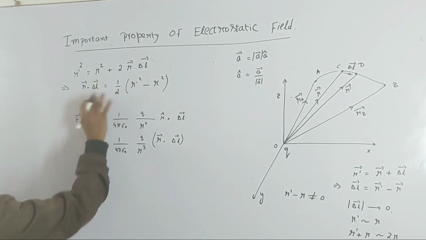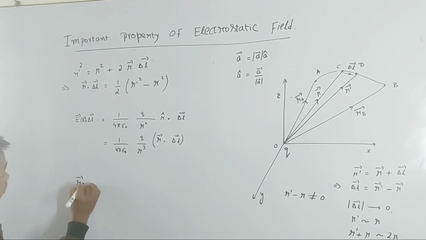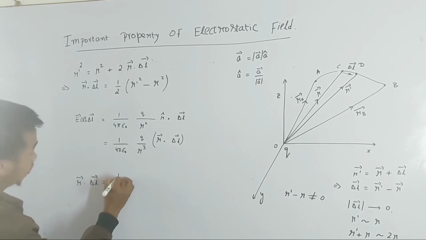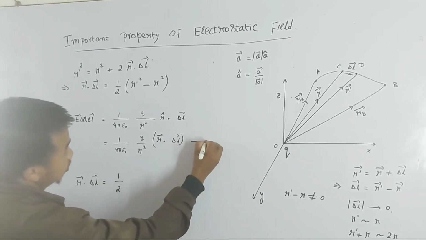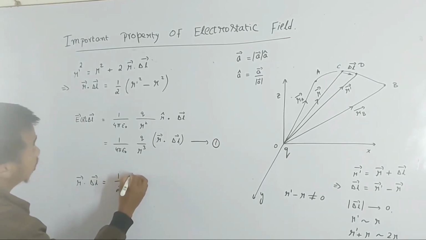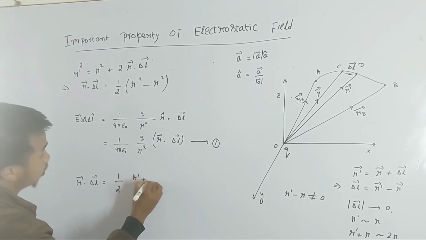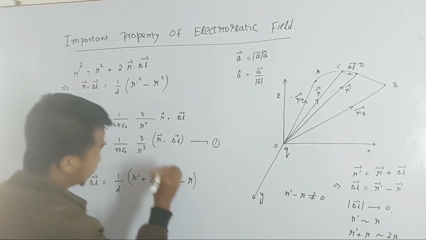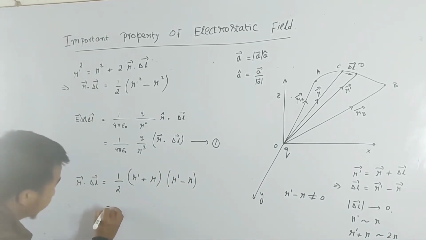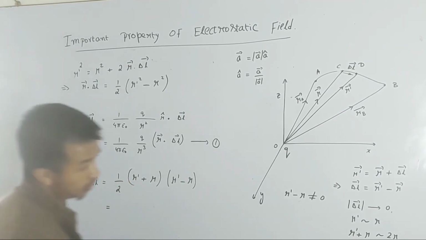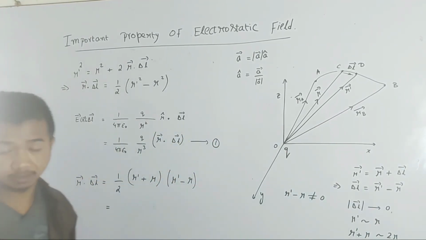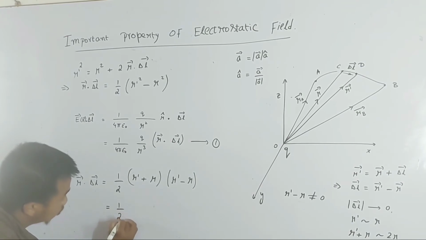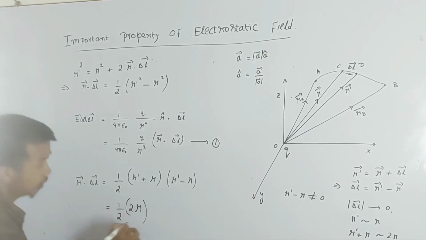Then from here, what is R dot delta L? R dot delta L is equal to 1 by 2. I will mark this one as equation 1. R dash plus R, then R dash minus R. So I have mentioned earlier that R dash plus R can be written as 2R. So 1 by 2 times 2R.